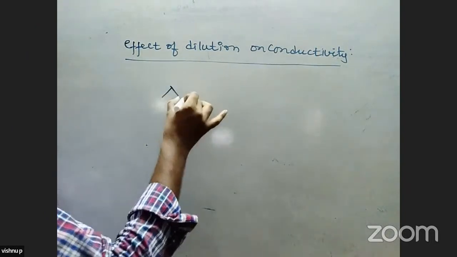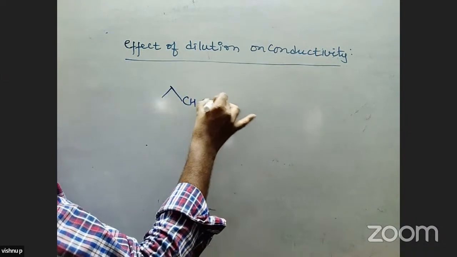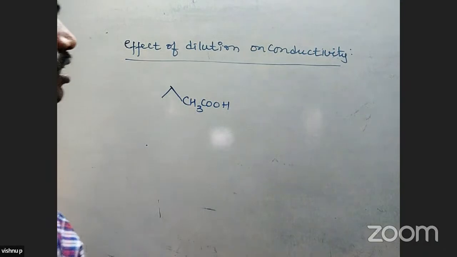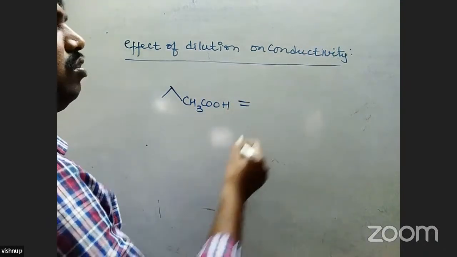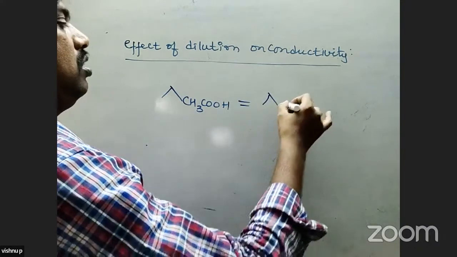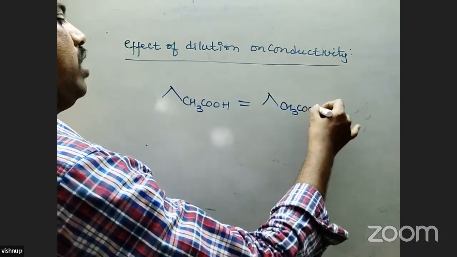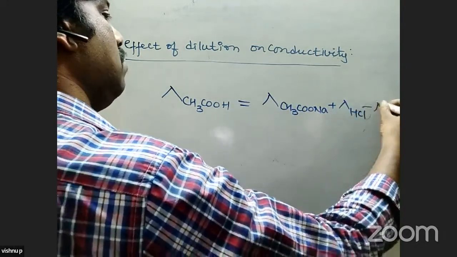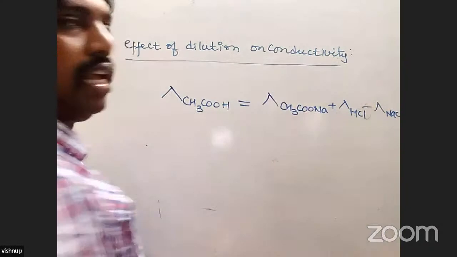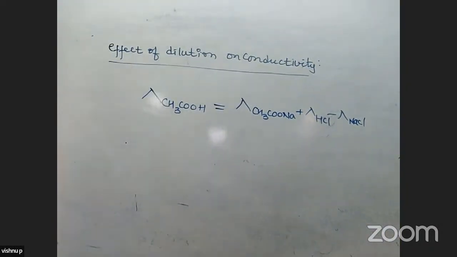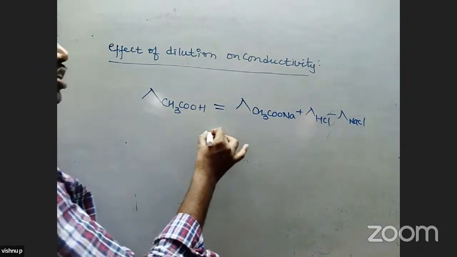Example, the conductivity of acetic acid, how to find out? It is not completely dissociated. So here we use the conductivity of CH3COONa plus the conductivity of HCl minus the conductivity of NaCl. So from this we can find out the conductivity of CH3COOH.